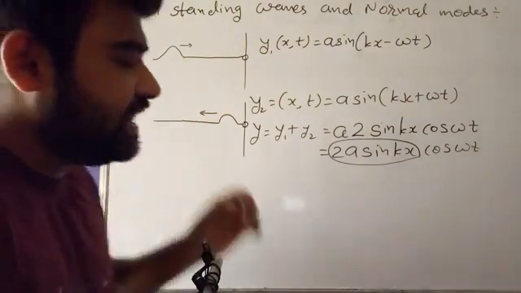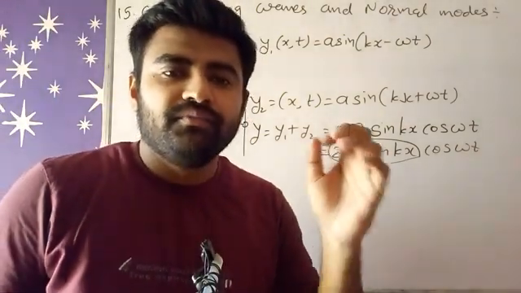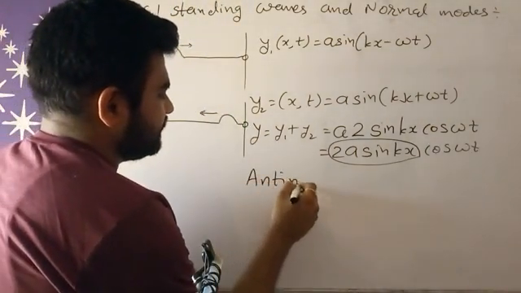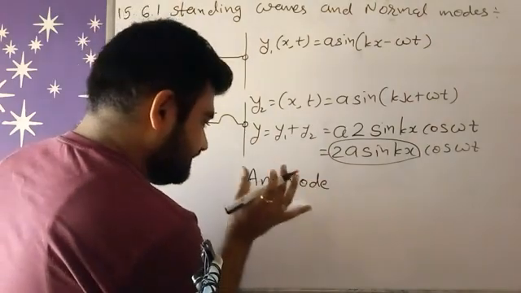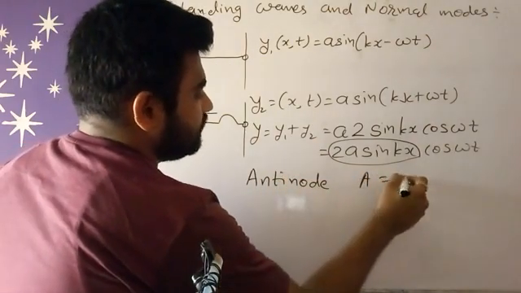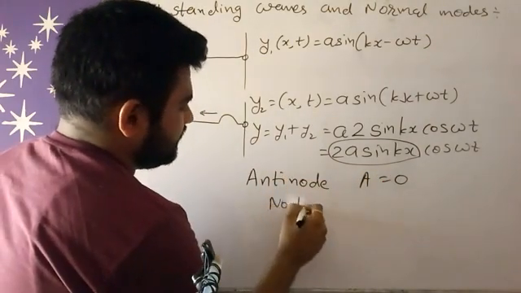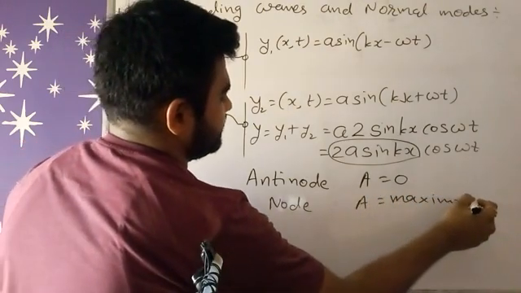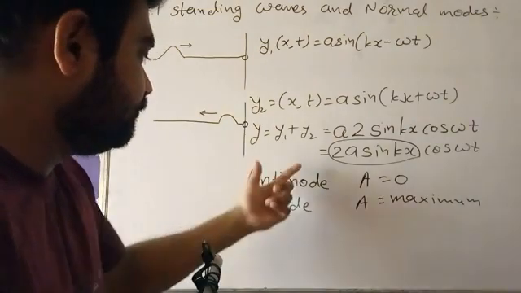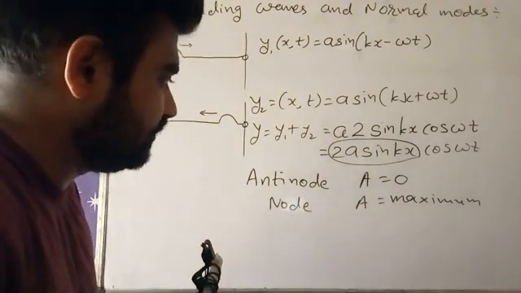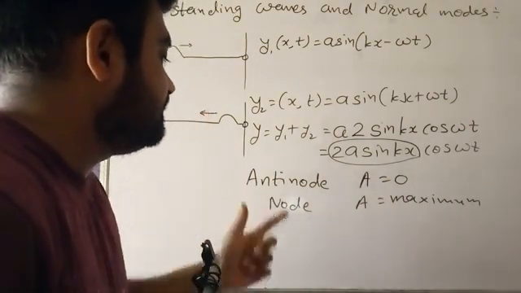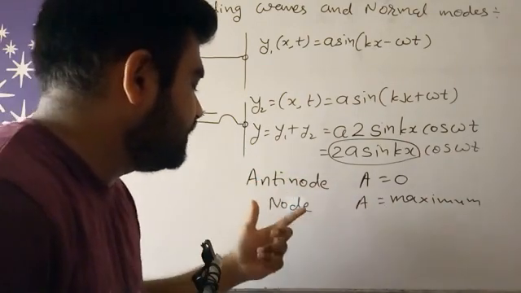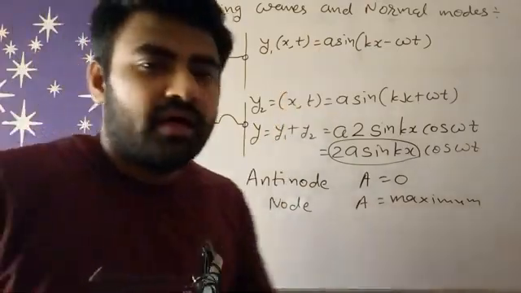Now whenever the amplitude becomes 0, that point is known as a node, and at the antinode we have the amplitude at maximum value. So we have to remember these two things, antinodes and nodes. Every wave has its antinodes and nodes. We will discuss this in normal modes.